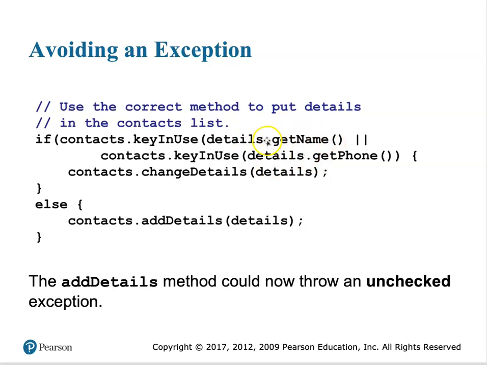If either of these is true, we have an or, so if the key is used for either name or phone, then we pass the details over to change details, because the contact already exists, so we just need to update it. If the key is not yet in use, then we call add details with that information and create a new record.